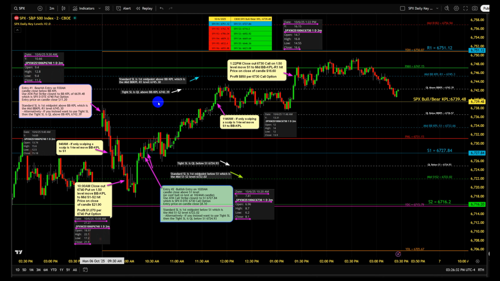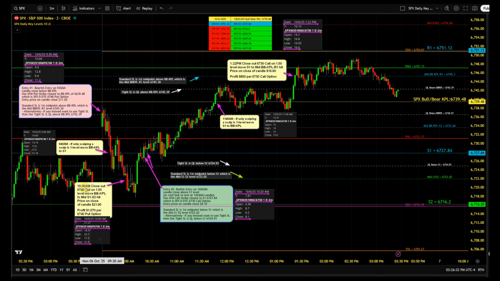So this is the level it's derived from. This is one level. This is 1.5 levels. S2 would be 2 levels. So your minimum regular exit, where you would want to close out 100% of your options, is a 1.5 level move from the level that the trade was derived from.